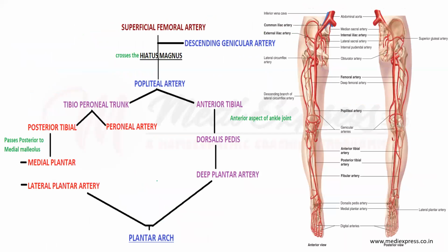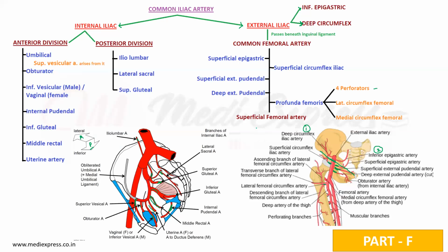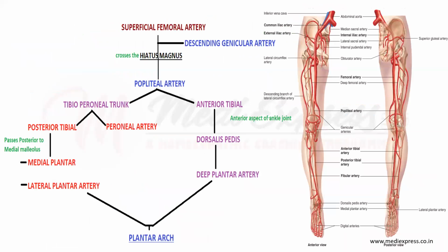Now next one is the lower limb. Okay, this is very easy. Now already we spoke about a superficial femoral artery, right? Let's continue with it. Now, a superficial femoral artery, when it descends, it gives one branch. That is the descending genicular artery.